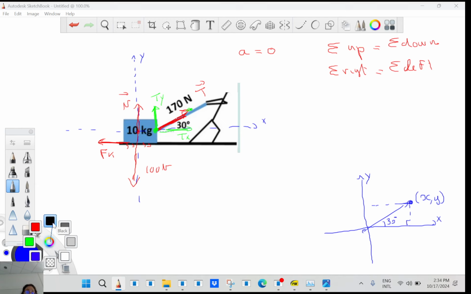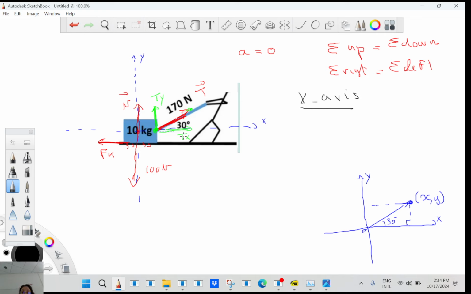Okay, so now we can work. So now I want to find the kinetic friction. Both axes are independent from each other. They mind their own business. They don't care about each other. So along the horizontal, what is the one to the right? Tx, very good. Only the x component of the tension is making the forward motion happen.